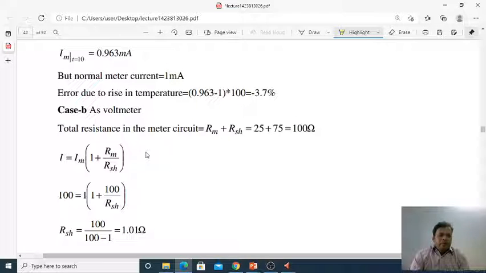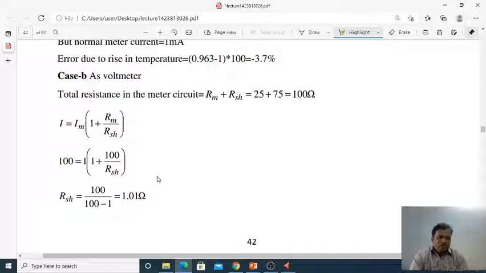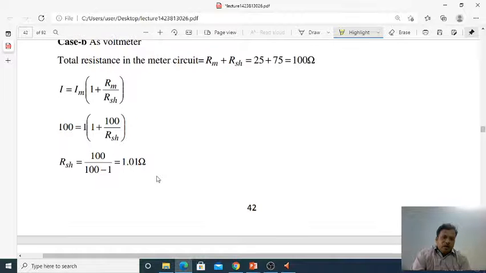So in case B, as a voltmeter, the total resistance in the meter circuit is Rm plus Rsh equals 25 plus 75, that is 100 ohms, and I equals Im into 1 plus Rm by Rsh. Therefore 100 equals 1 into 1 plus 100 by Rsh, so Rsh equals 1.01 ohms. So 1.01 ohm of Rsh should be added for this particular meter to get that range.